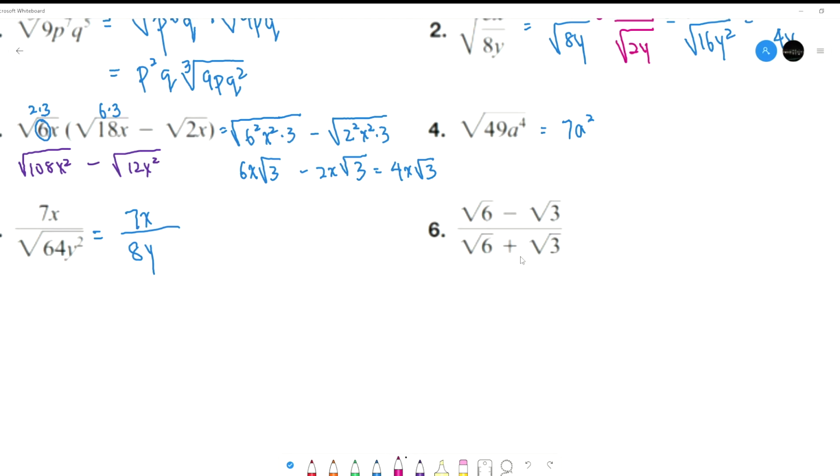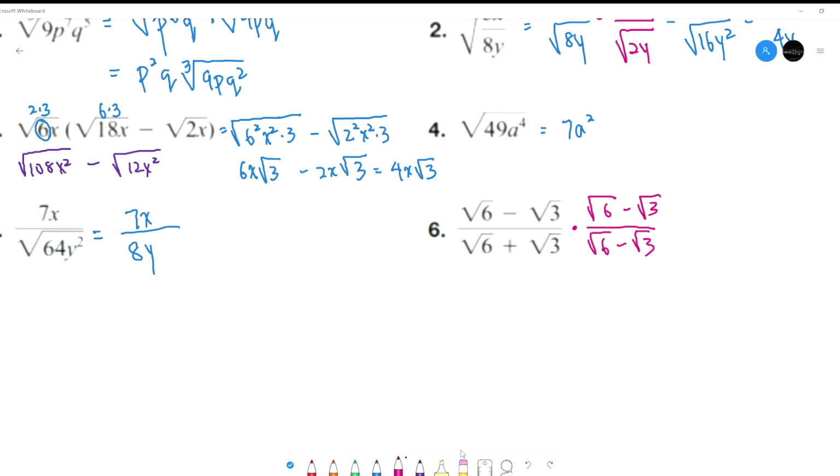Number 6, this is the problem where you multiply by the conjugate of the denominator. So you have to multiply by radical 6 minus radical 3 over radical 6 minus radical 3, right?